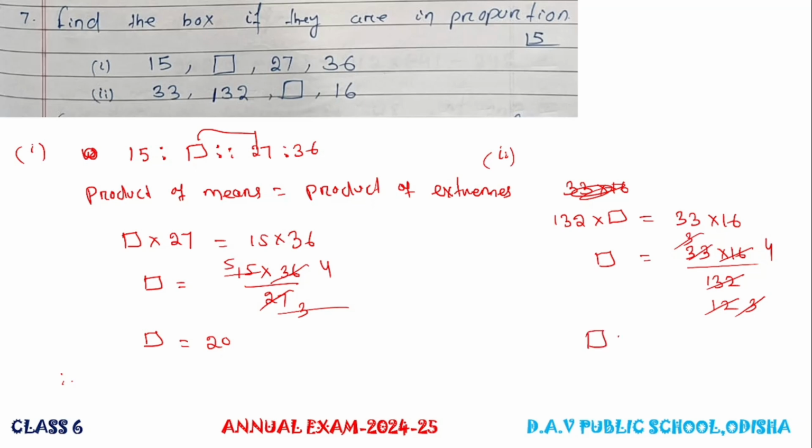So box equal to 4, the answer. Now therefore 33, 132, 4, 16 are in proportion.